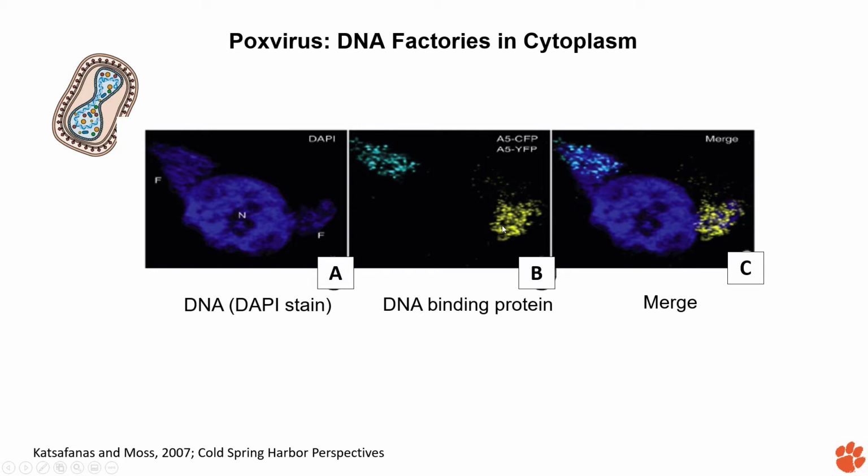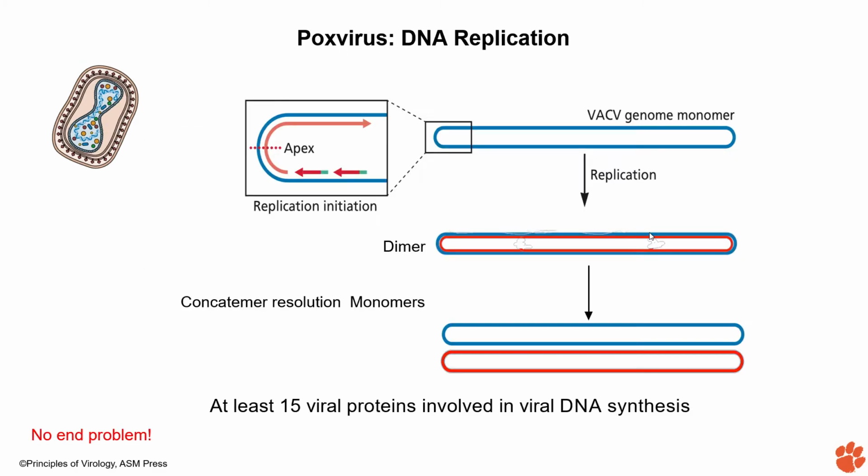This is the pox virus, A5-CFP and YFP attached, and these actually light up right here. This middle portion is the nucleus. This is outside the nucleus in the cytoplasm. So you can see that these are the viral factories which are in the cytoplasm, not in the nucleus. So that's the experimental proof of the DNA factories in the cytoplasm.